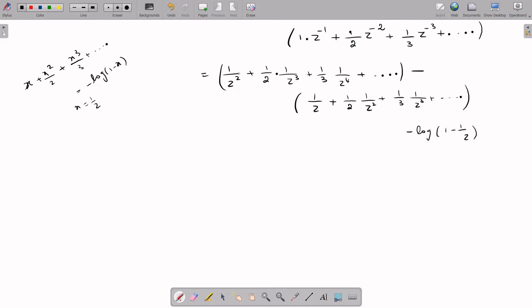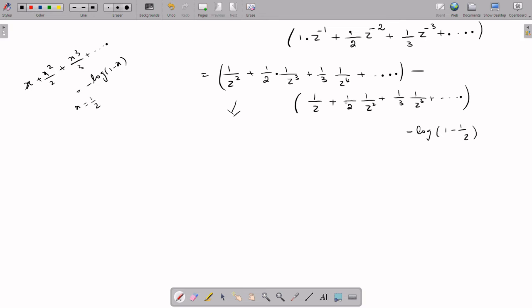And what about this one, the second series? Here z squared is there, a constant is not present, and 2 is there, and here z cube is there. But when we apply the log function, the coefficient 2 should go with z power 2, and 3 with z power 3, like that.